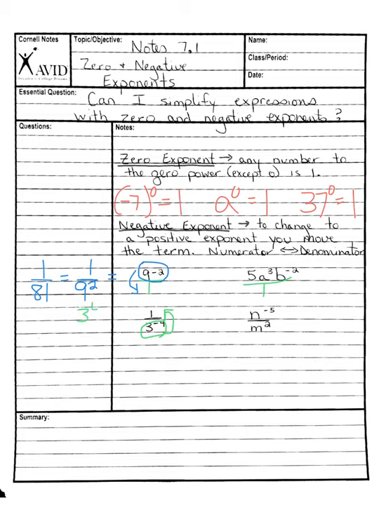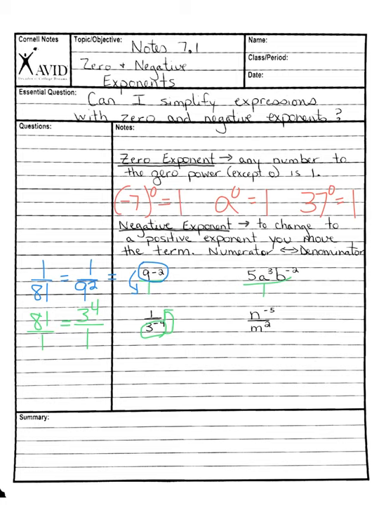So it becomes a positive exponent. So it's 3 to the 4th power over 1. Now, if we wanted to simplify that, we're taking 3 times 3 times 3 times 3, which is just actually going to be 81 over 1. Do you need to write 81 over 1 as a fraction? No, but I like to leave these in fractional form. I just think it helps to alleviate some confusion down the road.